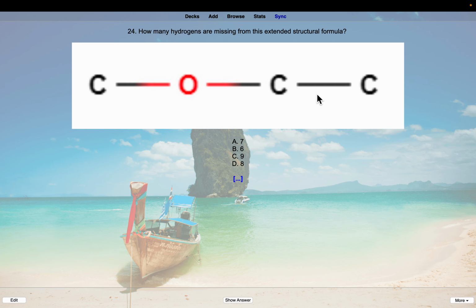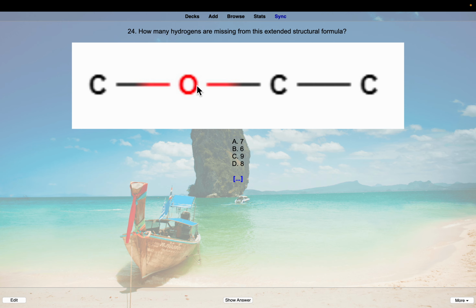But here in our scenario, 1 carbon can have a maximum of 4 connections. The carbon at the leftmost side already has a connection to oxygen, so the remaining 3 could be hydrogen atoms. So we have 3 hydrogens here.